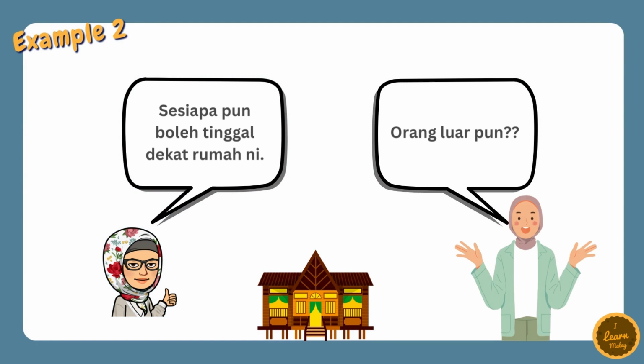Let's look at another example. Here we have a very beautiful traditional house, probably an inherited house from the family. The first lady says a statement, "Sesiapa pun boleh tinggal dekat rumah ni."